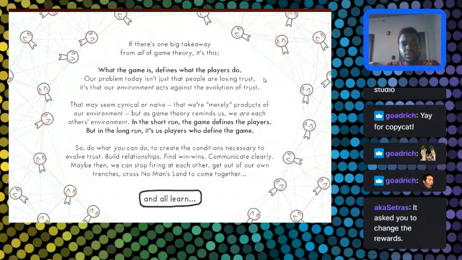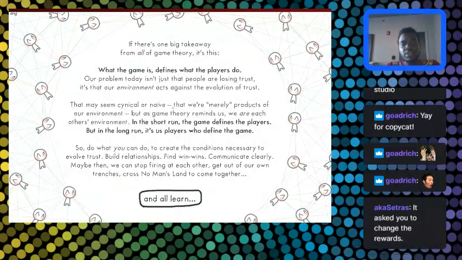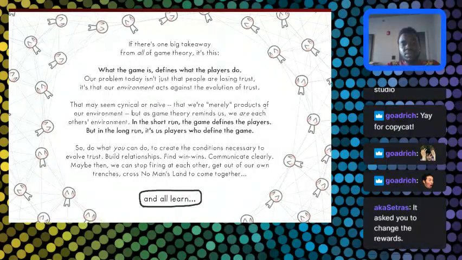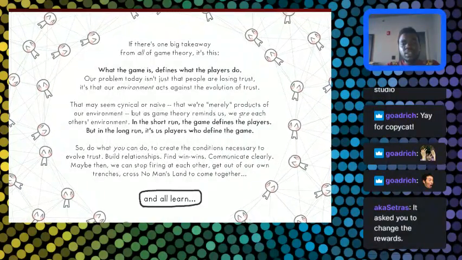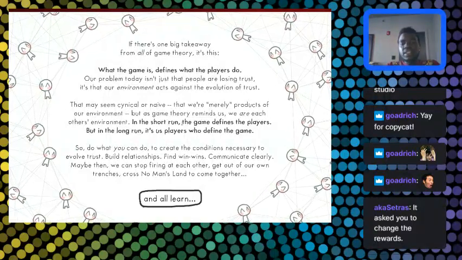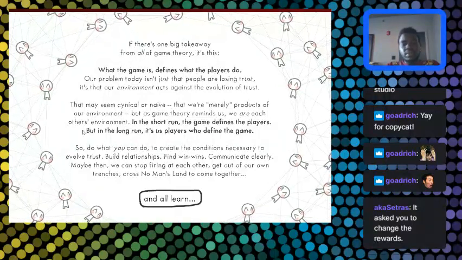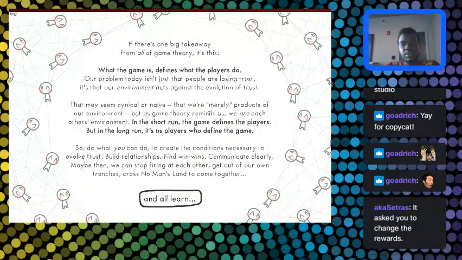That may seem cynical or naive, that we're merely products of our environment, but as game theory reminds us, we are each other's environment. In the short run, the game defines the players, but in the long run, it's us players who define the game.